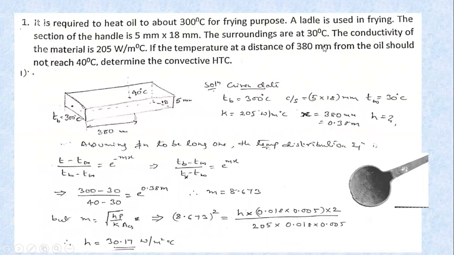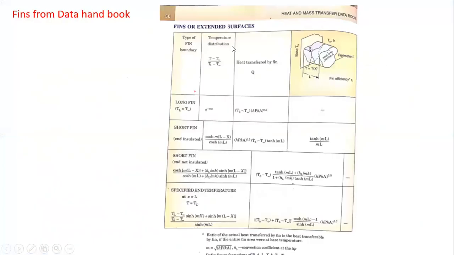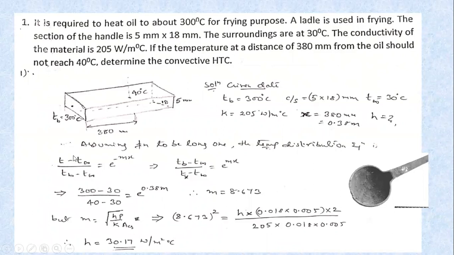And since we know the temperature at a certain distance, we have to go for a long fin and the temperature distribution expression. So (T minus T infinity) divided by (TB minus T infinity) for a long fin is given as e power of minus mx. We have to consider that expression from the data handbook and substitute the given data.